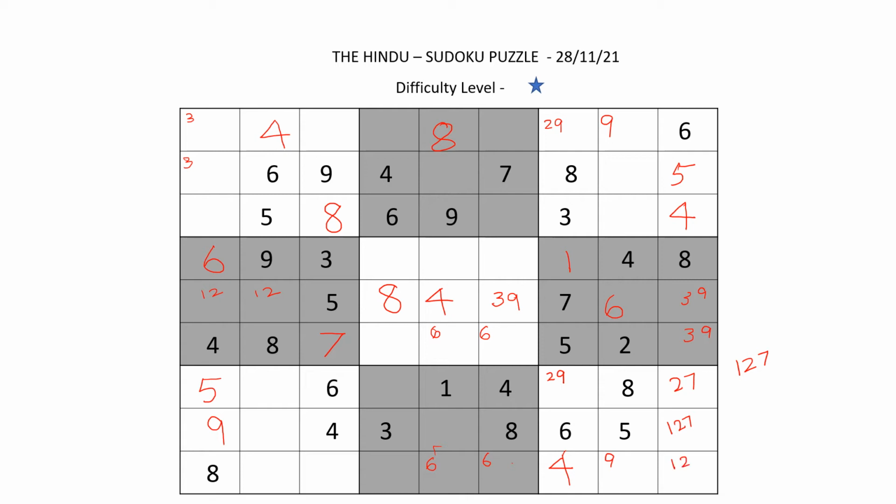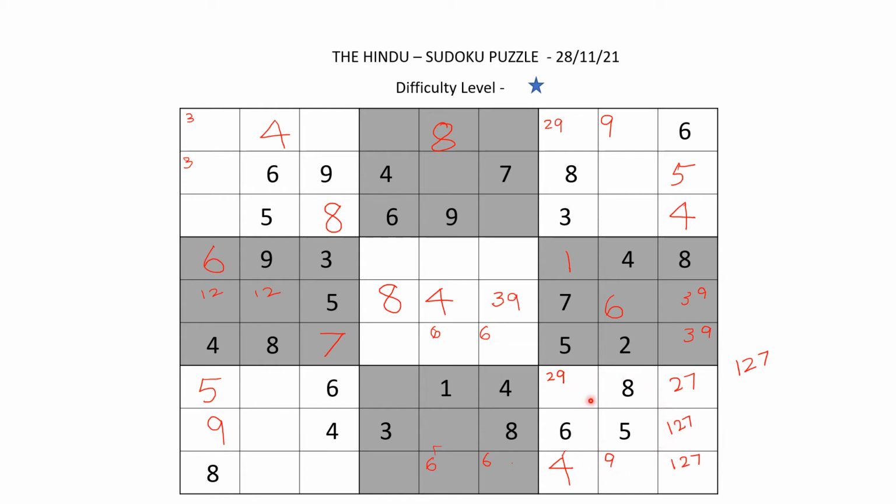Okay, so like how we had a complementary pair, this we call a triplet. That means 3 cells have 3 numbers. That means 1, 2 and 7 can only come in one of these 3 cells. No other cells in this block can take a 1 or 2 or 7.